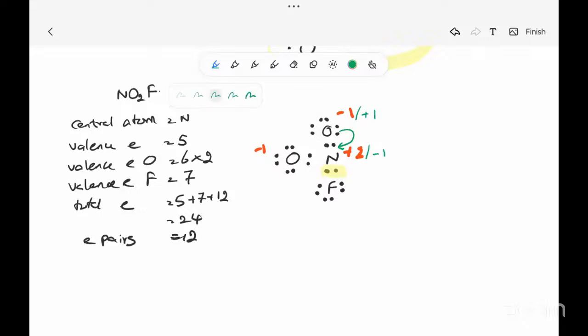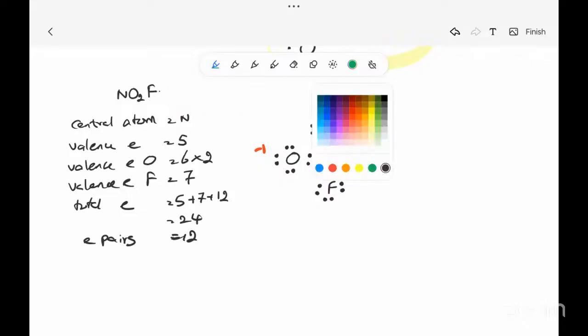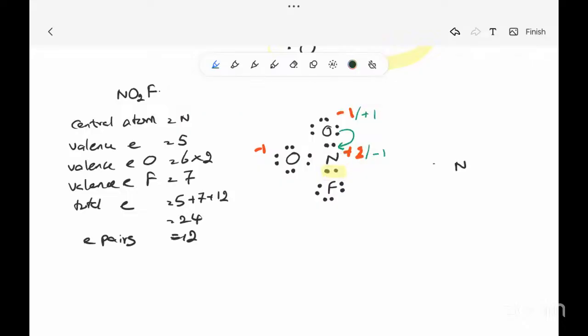Now at the end of the day, we will have something like this: nitrogen, oxygen, oxygen, and fluorine. Then let's place the electrons here: 1, 2, 3, 4, then 5 and 6. There's a double bond and a single bond here, like this.